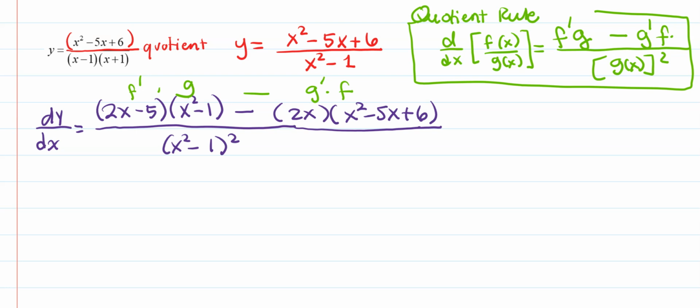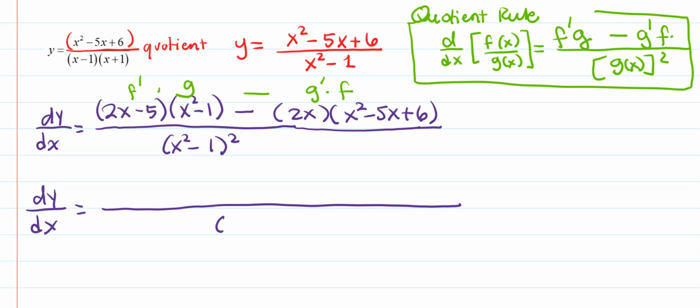Okay, now what do you do after that? You distribute and you clean up. So when we distribute, the denominator will stay the same, which would be x squared minus 1 squared. The numerator would be 2x times x squared is 2x to the third, minus 2x, minus 5x squared plus 5.